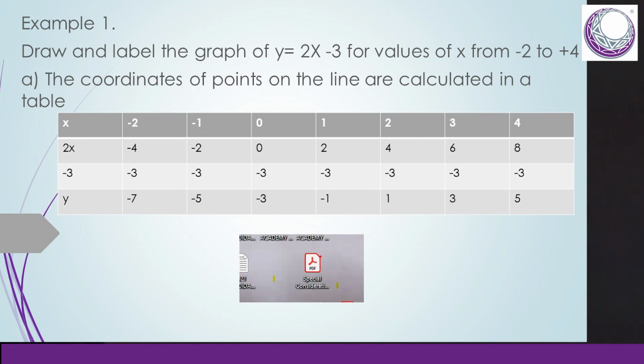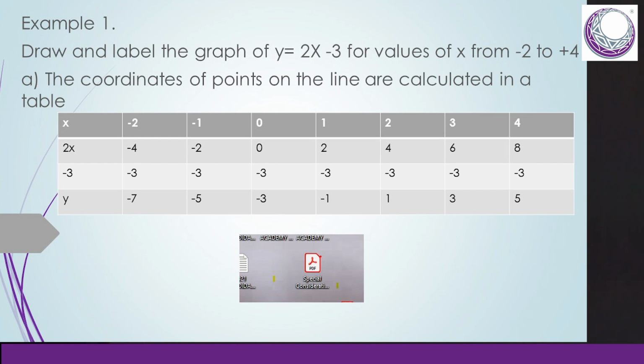So 2 multiplied by negative 2 gives me negative 4. 2 multiplied by negative 1 gives me negative 2. 2 multiplied by 0 gives me 0. 2 multiplied by 1 gives me 2. 2 multiplied by 2 gives me 4. 2 multiplied by 3 gives me 6. And 2 multiplied by 4 gives me 8. So that is where we are getting these particular values.